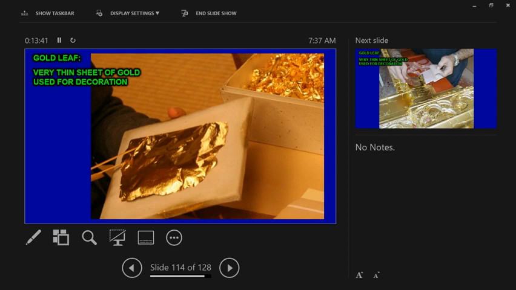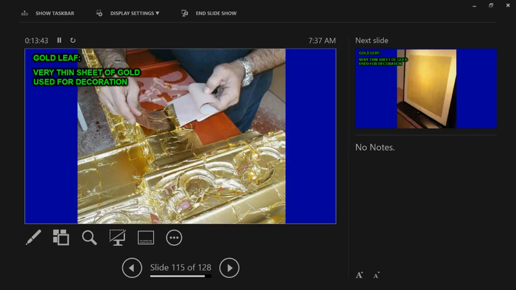So again, this guy's making a gold leaf frame. He has the frame and he's putting gold leaf on top of it, and it's going to look like a solid gold frame at the end, but really it's just a thin sheet of gold.